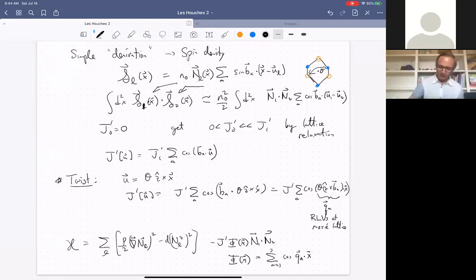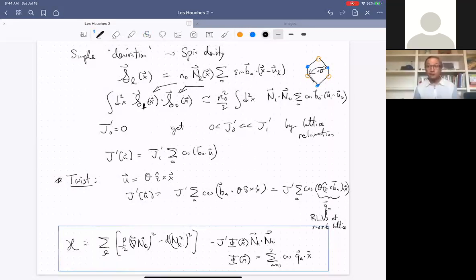So this is analogous to the continuum model for the bands in a Moire structure.